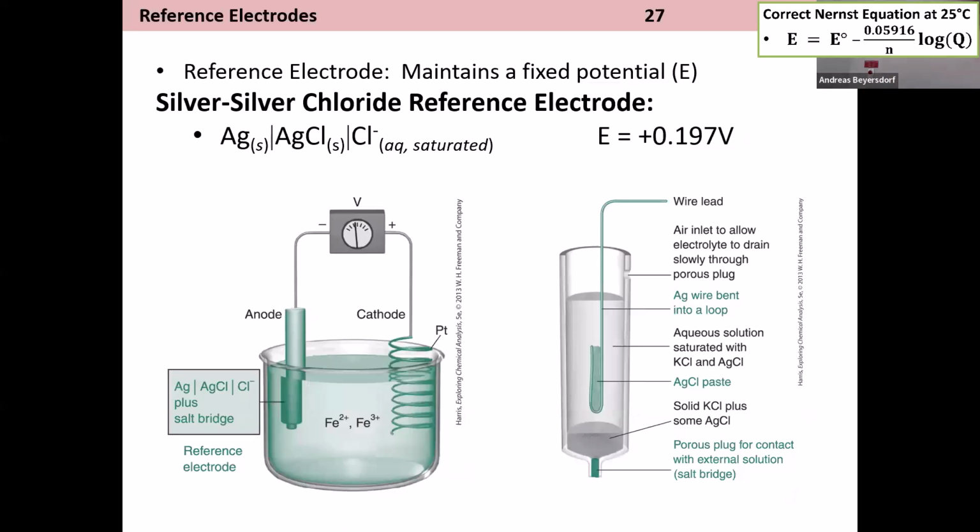So what you have is a container. It has a porous plug that allows only ions to get through. You have solid KCl, and then you have your silver electrode. And so what happens is the chloride concentration inside that electrode stays constant. This is what you used as a pH meter in one of your classes.